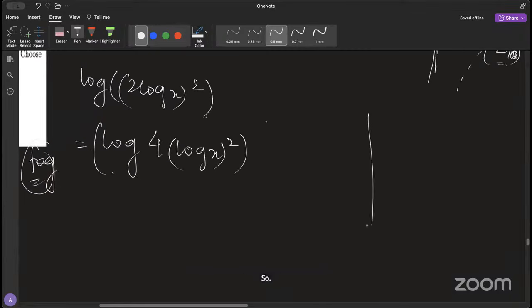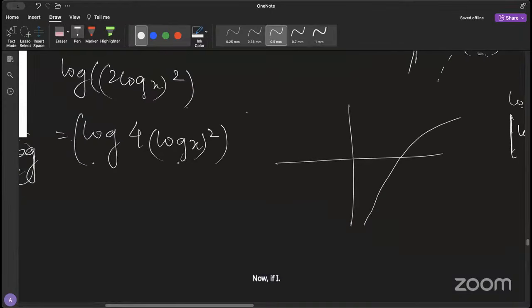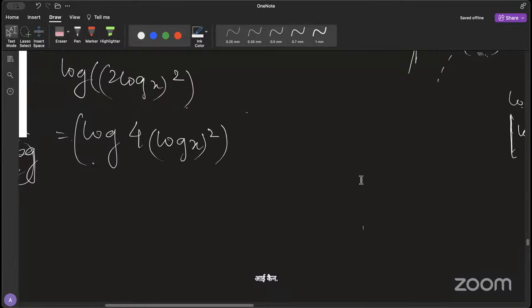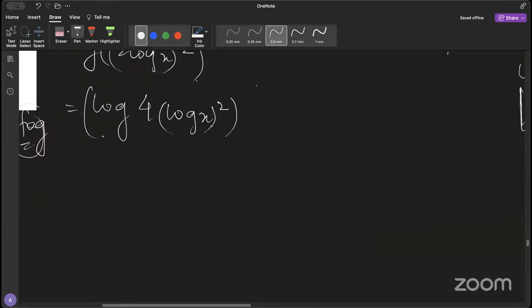So what happens with the log function is your log function looks like this, right? Now, if I take log of x square, or maybe I can have an example here where this is not 1. Just 1 second. Okay, so let's say if I take log x, because log x can take both negative and positive values, right? Log x can take all values.